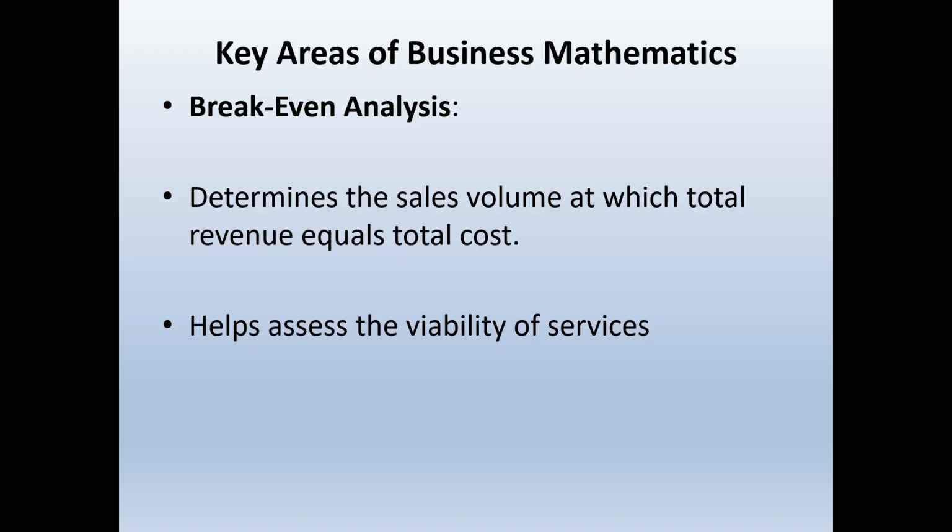So break-even analysis helps you to understand that part. And there is a certain quantity you can buy or sell at a particular period of time, taking into consideration all other expenses.